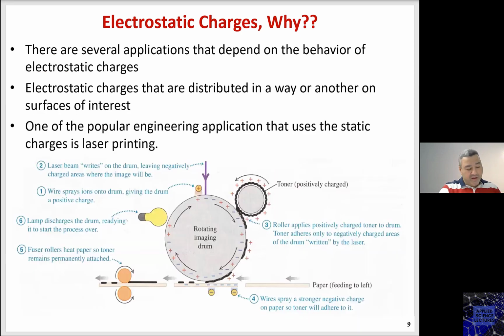A second application that utilizes electrostatic charges is laser printing. Here we have this lamp neutralizing the drum, and this drum that is rotating will then go past a wire that is spreading positive ions on the drum.